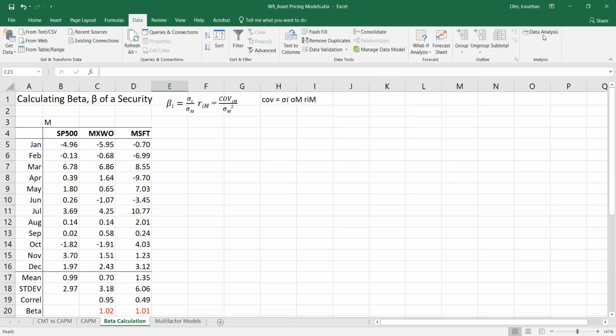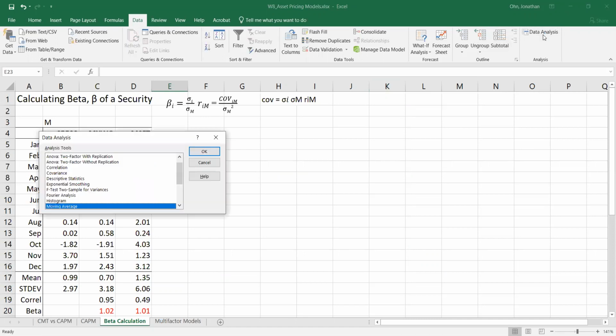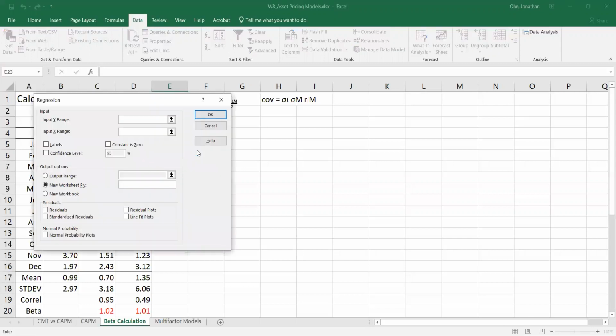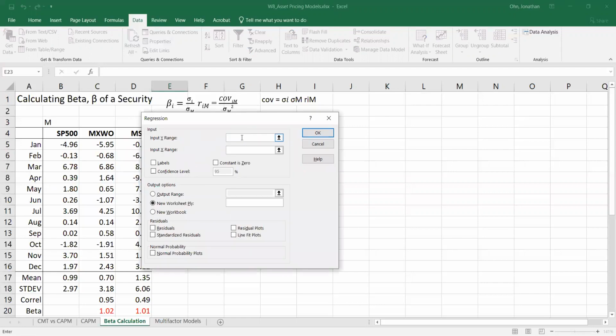Now click Data Analysis, and you have many functions there. Click on Regression, and then you have this menu box. The Y range, the Y variable, is your stock, so you highlight your stock.